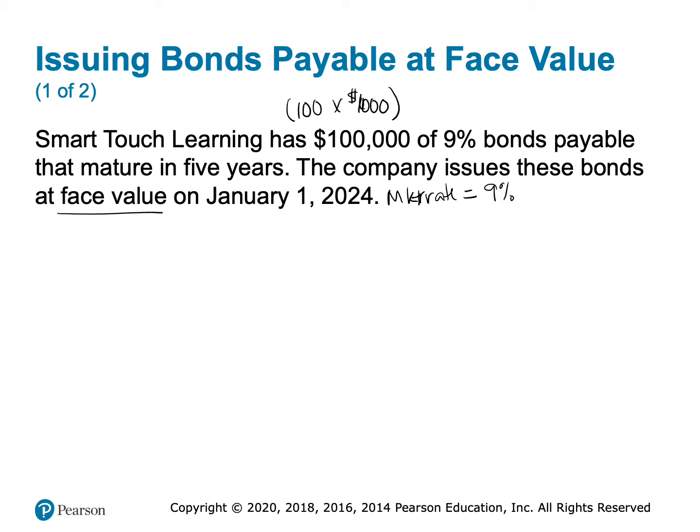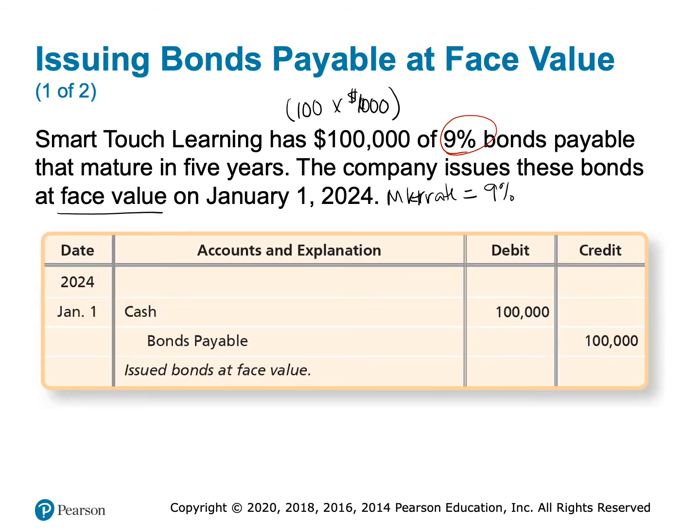So the market rate is exactly equal to the stated rate of 9%. So in this instance, we are getting exactly $100,000 and we're going to have to pay back $100,000 at maturity. So our journal entry will be to debit cash, credit bonds payable for $100,000.